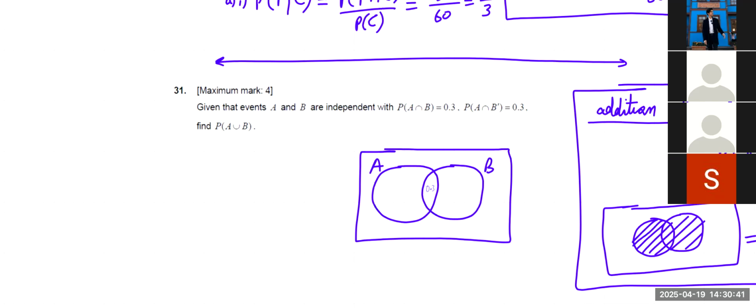Now, what is this though? Can anybody tell me which section of this Venn diagram corresponds to A intersecting with not B? Not B, by the way, means everything in this diagram except B. So literally all of this. And A is just A. So what is the intersection between A and not B?